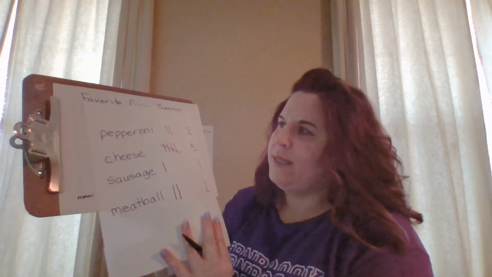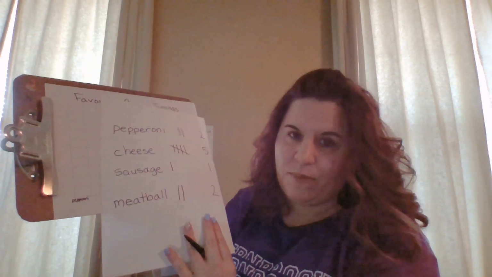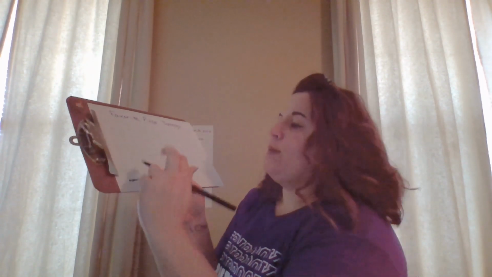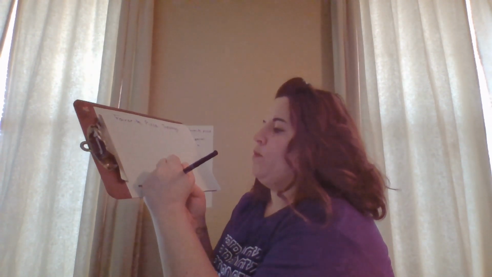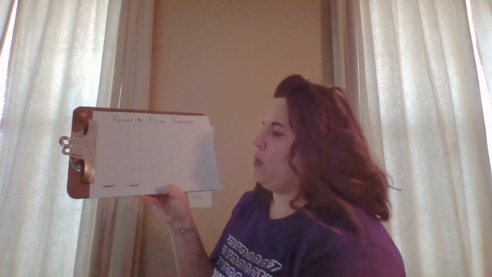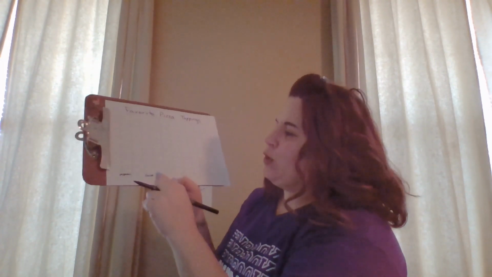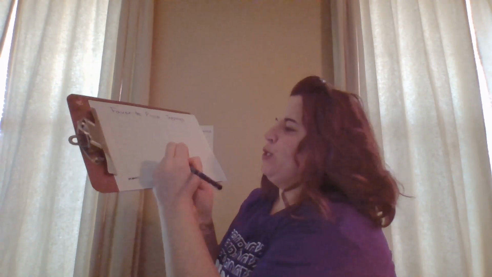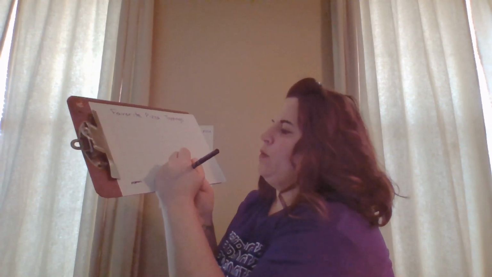But in this case, I only have 4 things that I'm labeling. So I have a little bit more room to play with my graph. So I'm going to skip a space. My next one's going to be my cheese spot. Okay, then sausage. I'm going to skip a space so it's not all smushed. All right, sausage.